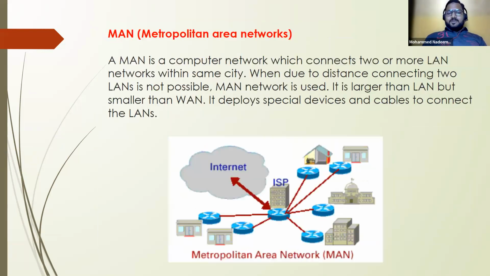Similarly, the MAN, metropolitan area network, was like if you have one office in Mehdipatnam and another office in High Tech City, and you want to share the data between these two offices. At that time, the ISP used to install one tower at the Mehdipatnam office and another tower at your High Tech City office, and they used to charge a huge amount. It was a very costly solution.